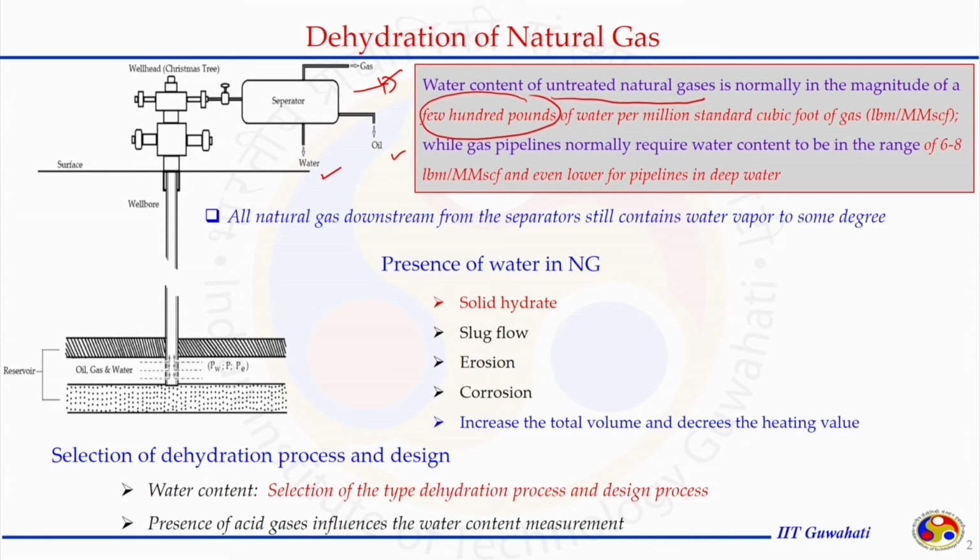Not only hydrate formation: the water which is soluble in the gas at one temperature and pressure condition, the solubility will change and it will come out from the gas phase to the liquid phase. When this happens, we have a 2-phase system, water plus gas, and slug flow will be present in the pipeline or in any flow system, and that will create a problem.